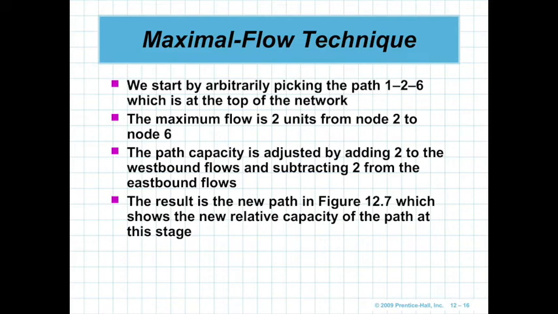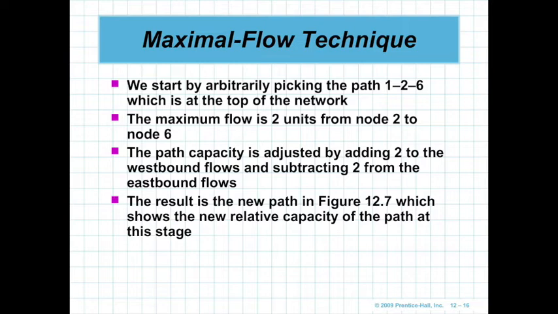And talking about the maximal flow technique, we start by arbitrarily picking the path 1 to 6, which is at the top of the network. The maximum flow is 2 units from node 2 to node 6.